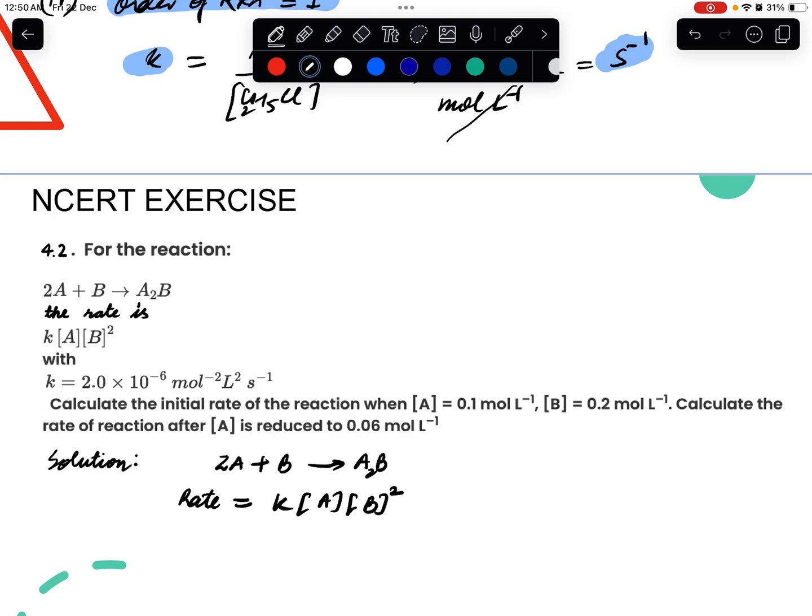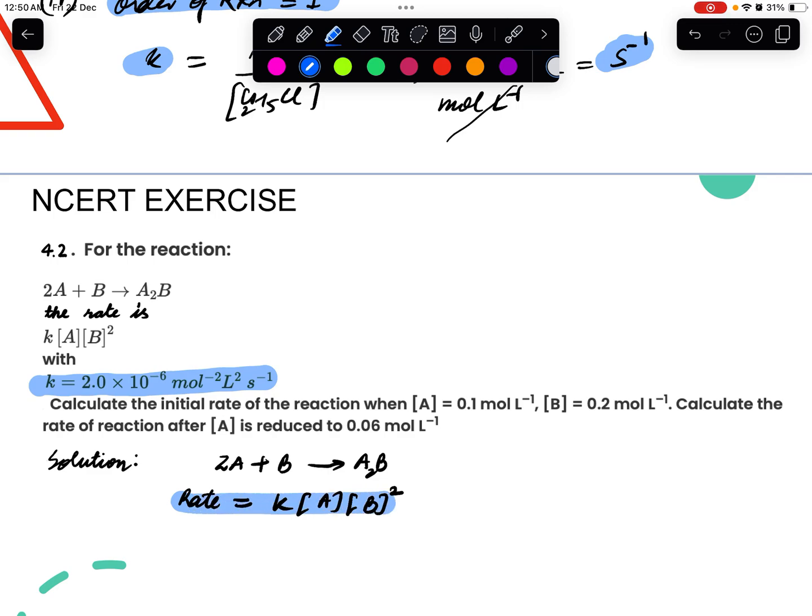The value of the rate constant is also given here. K is given as 2 into 10 to the power -6 mole^-2 liter^2 per second. This is the value of the rate constant.